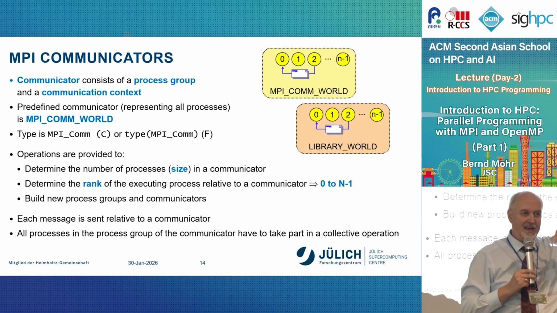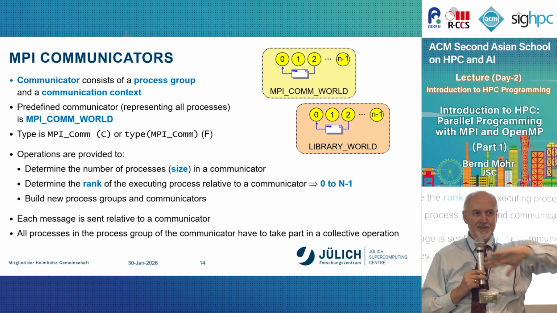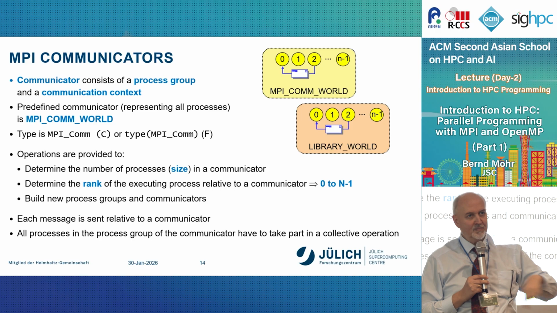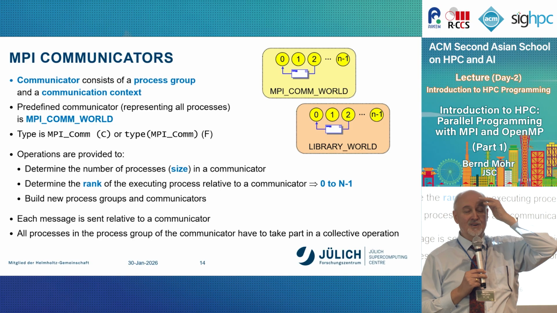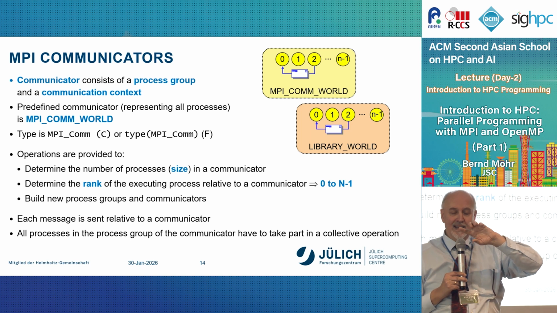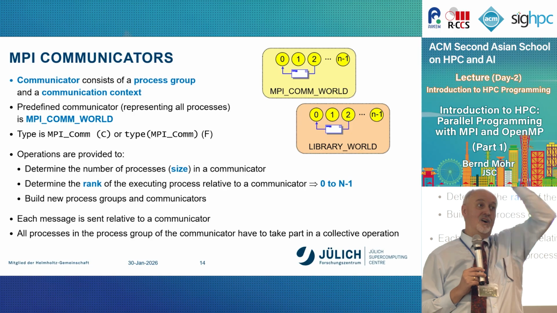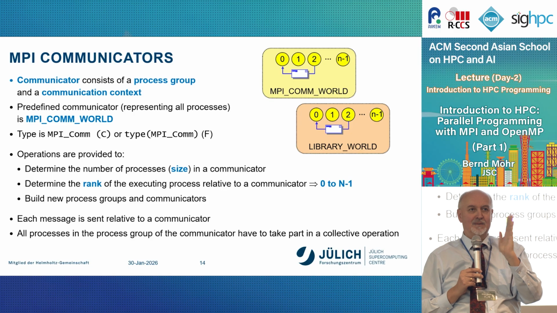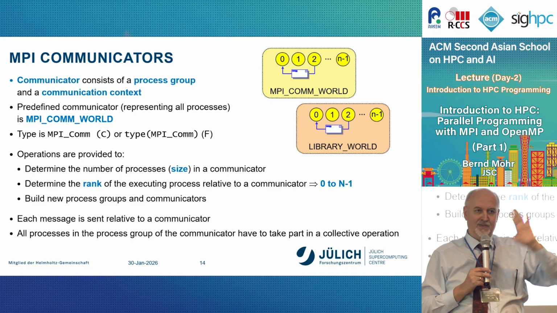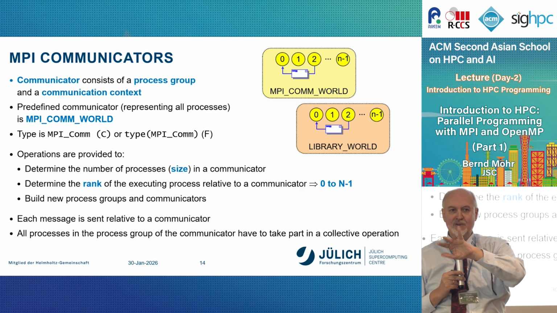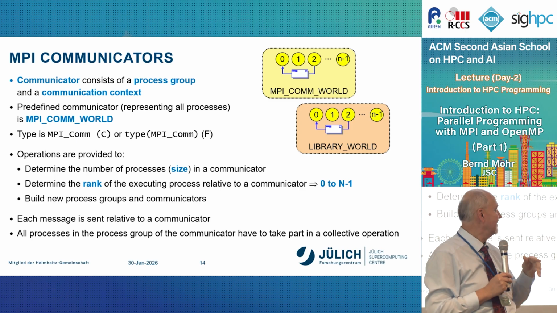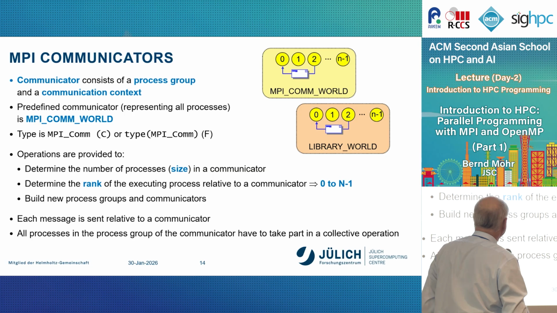So as a normal programmer, you use your communicator with all processes in your group, and then the library makes its own communicator, which also contains all processes, but this way the messages for your program and the library get separated. Okay? That's basically the basic concept.